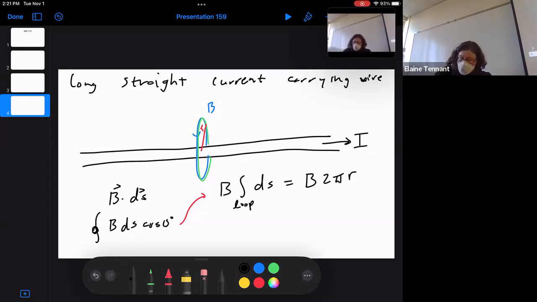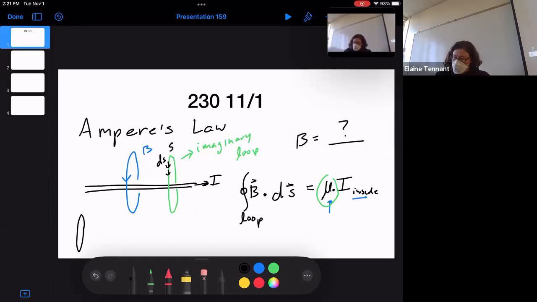So we started here with this integral of B dot ds, and we've ended up with B times 2 pi r. Now the other half of this rule says you're not just integrating this, you're setting that equal to mu naught times the current inside the loop.